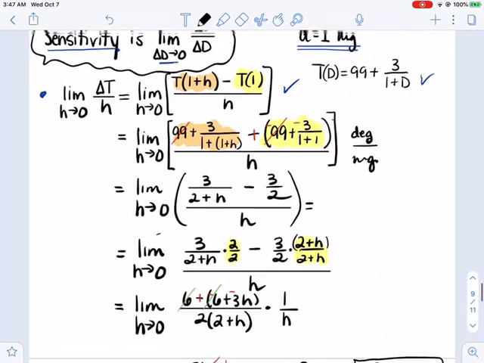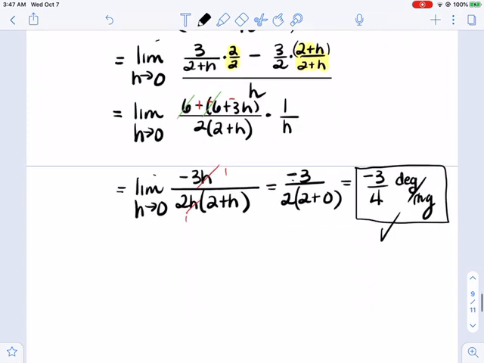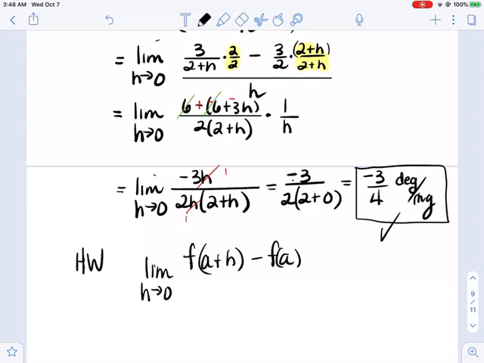So let me see if there's anything else. What I would probably do is take all the boxes from this section and go over the rules in here, and the slope at a point, and make sure that you understand this limit as h approaches 0 of f of a plus h minus f of a over h.